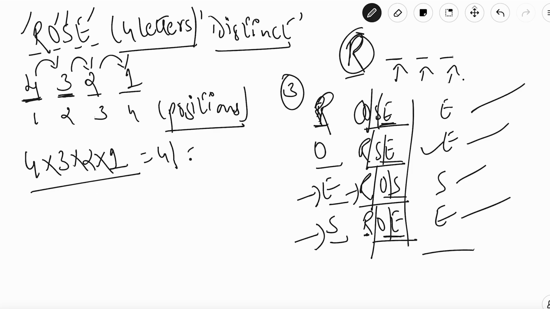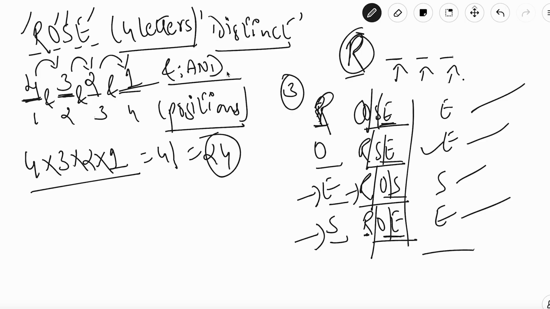This is basically 4 factorial, which is 24. So filling position 1, and filling position 2, and filling position 3, and we select for position number 4. So this is AND, so this is the case of multiplication.